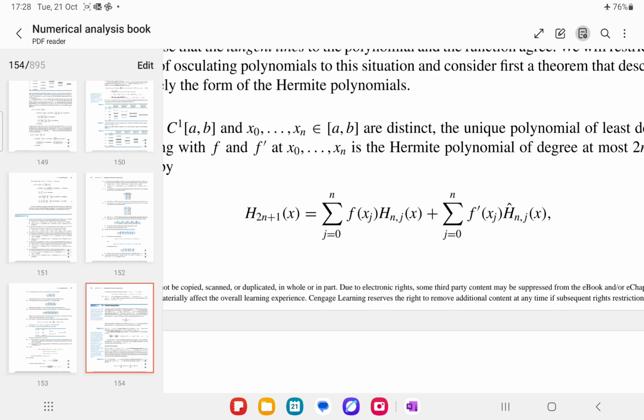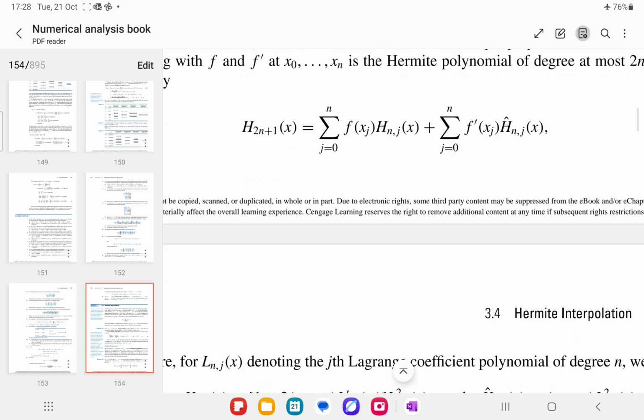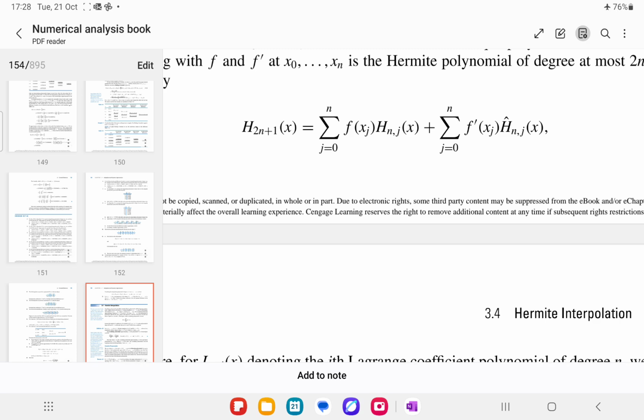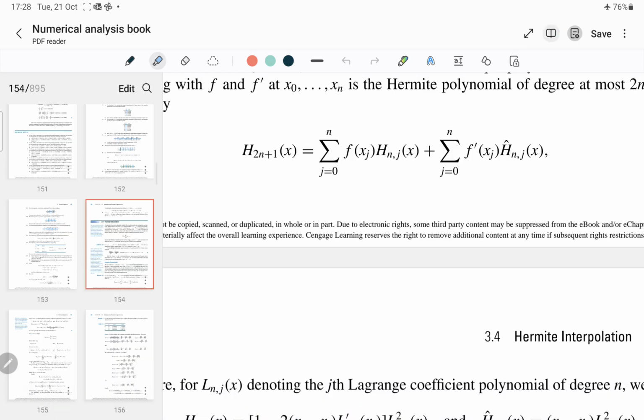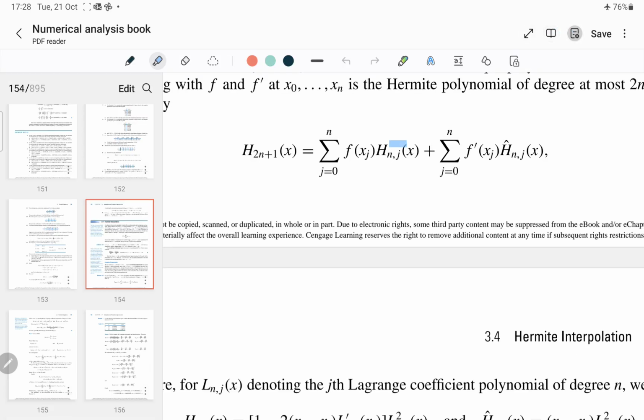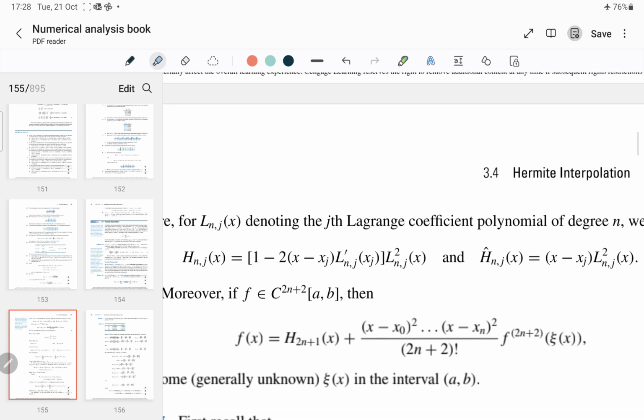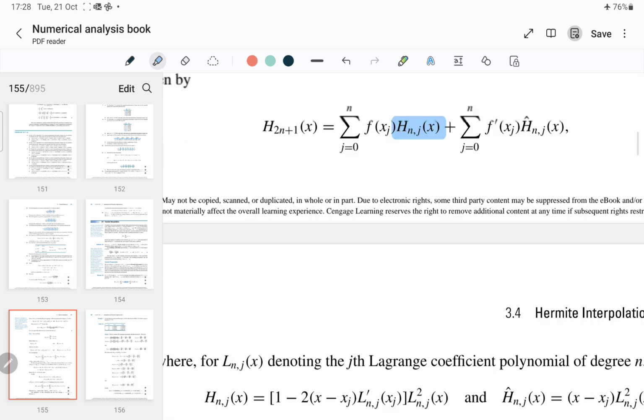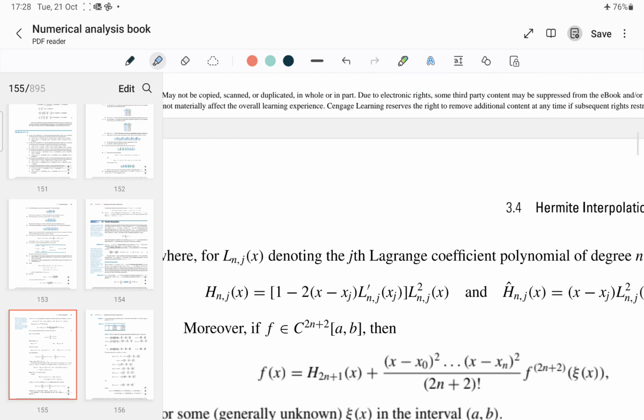It means that these two are crucial to estimate. And if you look at H_{n,j}, first of all, the formula for this one is here, and for H-hat_{n,j}, it's here.